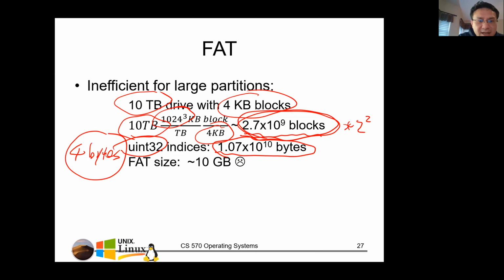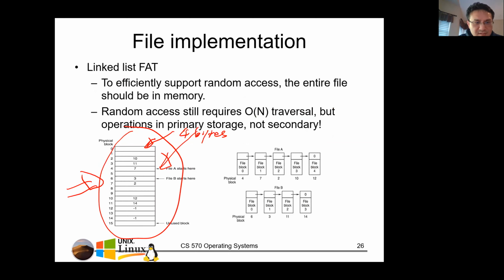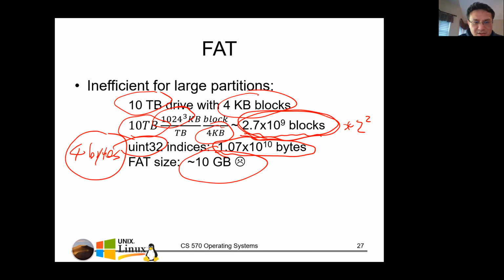So your FAT table is really fat, actually. It's 10 gigabytes just for remembering the FAT table. All right, that's not ideal. You have 10 gigabytes used just for file allocation information.